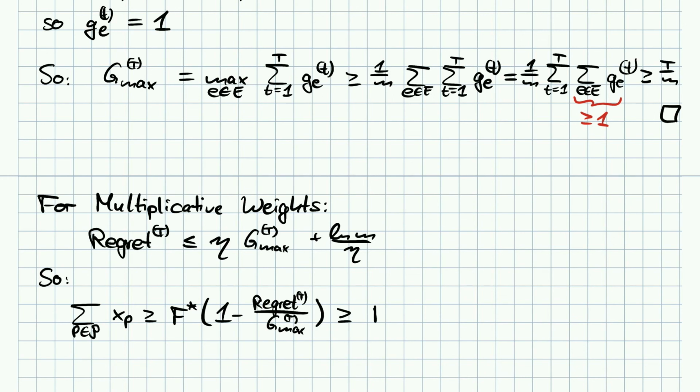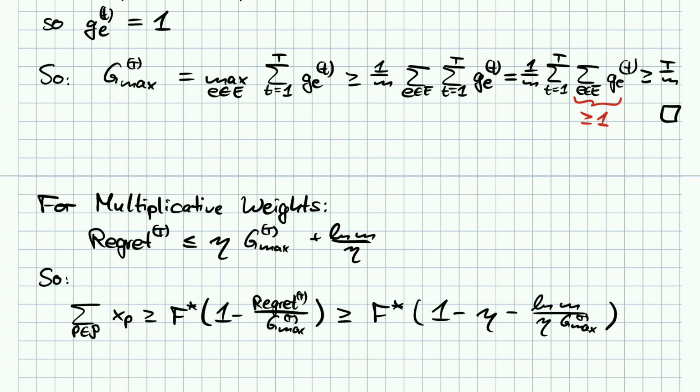This will be at least f star times 1 minus eta, and now the g max term cancels once, minus ln m over eta times g max t.